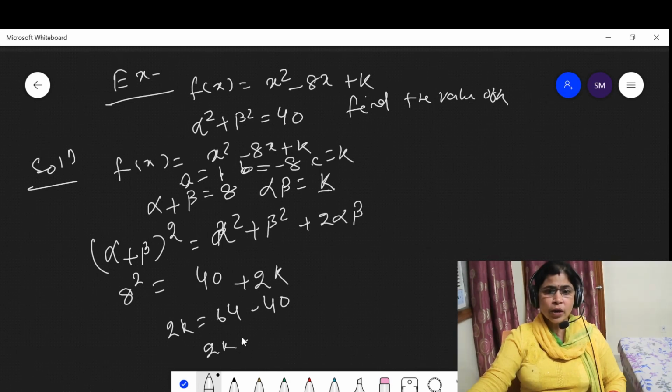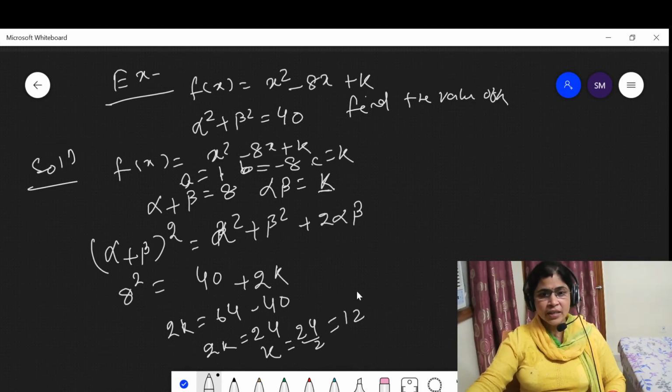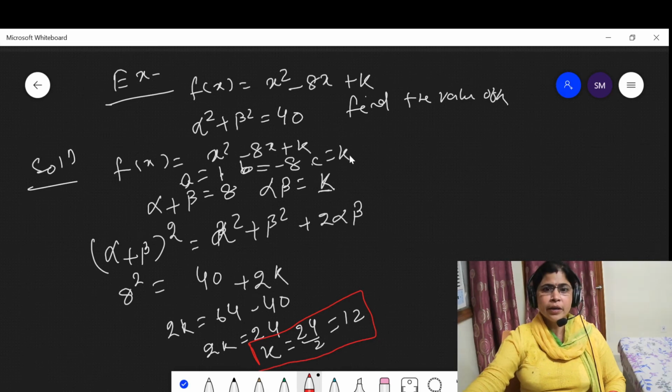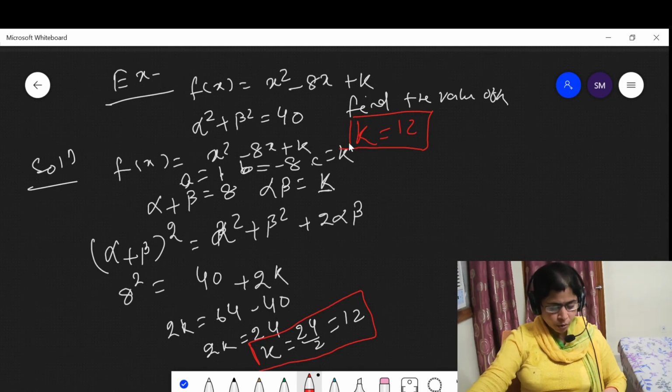This means 2k is equal to 24. Then k is equal to 24 upon 2, which is 12. Here very easily we get the value of k as 12. The value of k is equal to 12 is the answer of the given question.